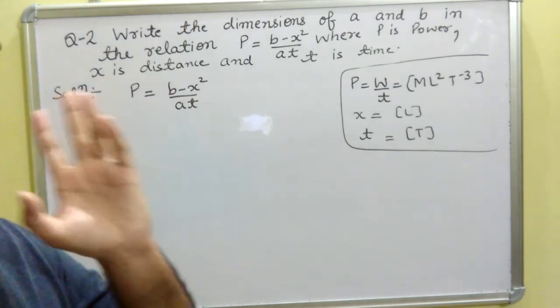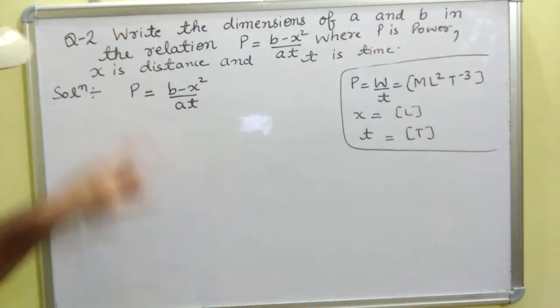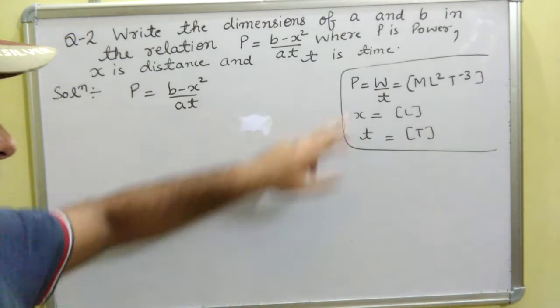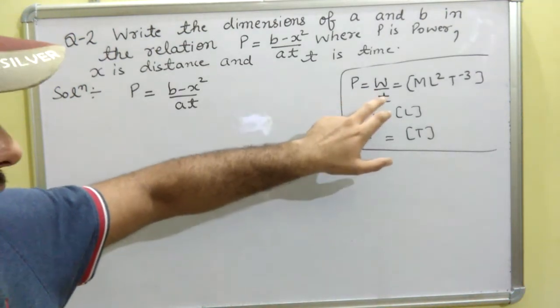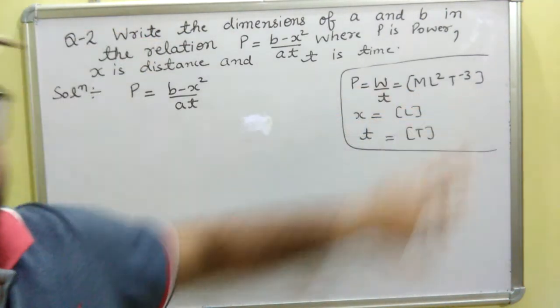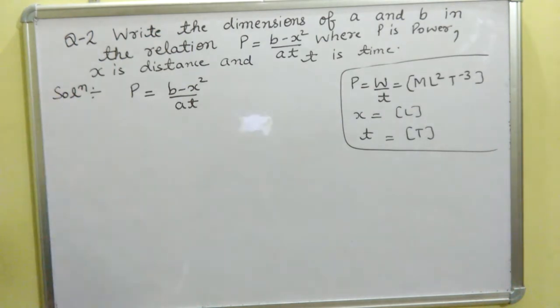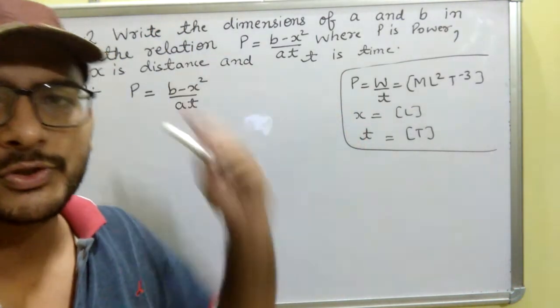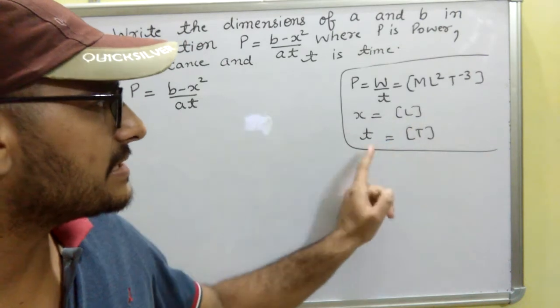Sometimes it can be power also. So P is power, x is distance, and t is time. Now power is rate of doing work, so the dimension formula for power will be this one. Work done, you know, ML^2 T^-2, divided by time, you will get this. x is your distance, t is your time.